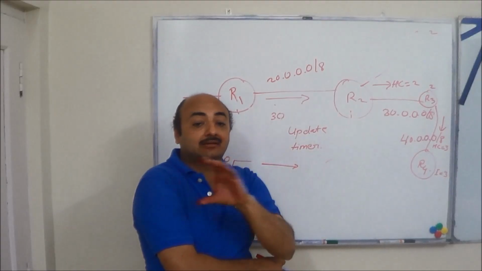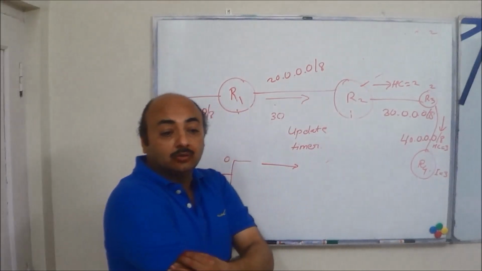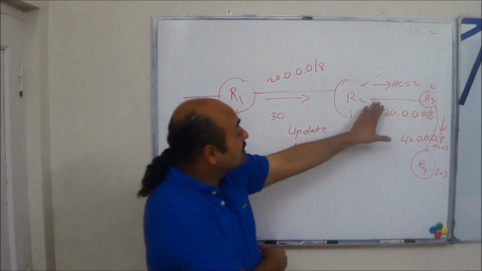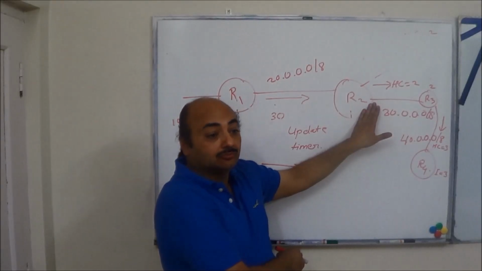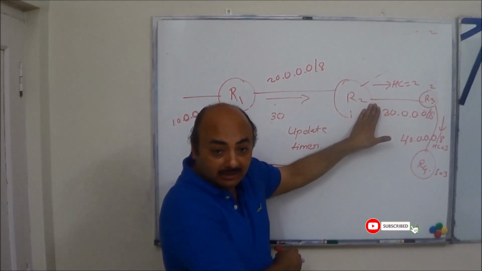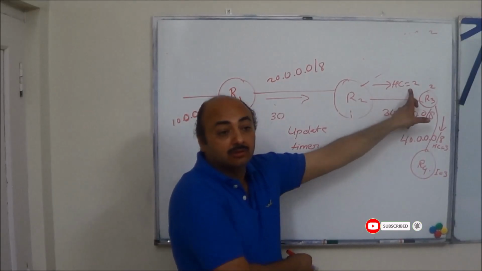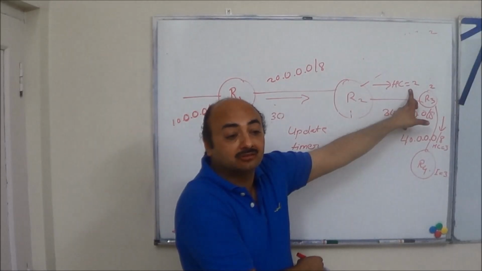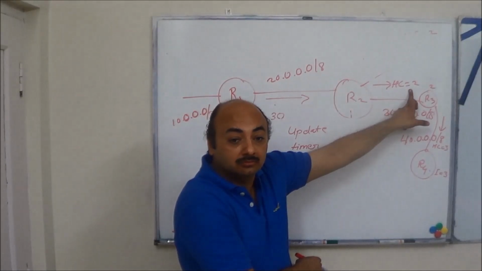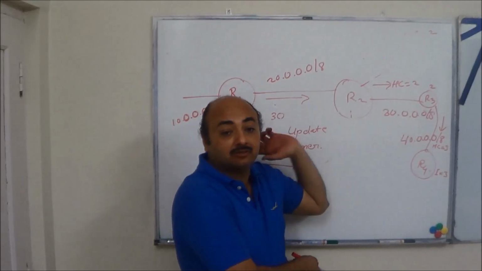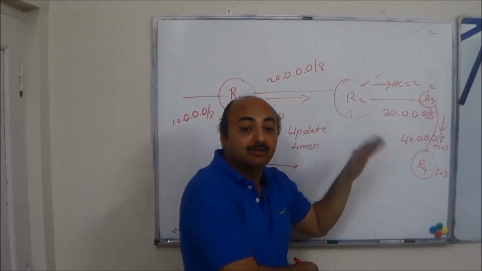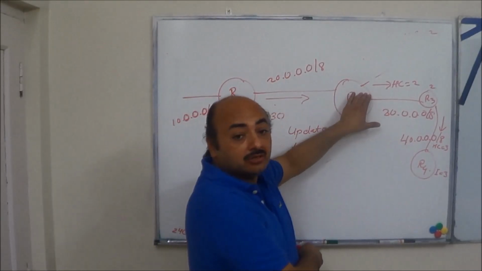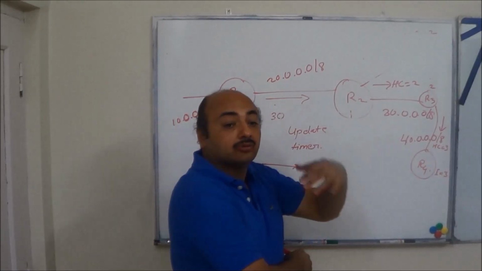We want to check whether R2, after not receiving it for 180 seconds, sends a route for the 10 network with a hop count of 16. It is going to tell R3 that 10 is no longer reachable by me, by sending a hop count of 16. We want to see whether it does it after 180 seconds or after 240 seconds. That is what we will see in the practical.